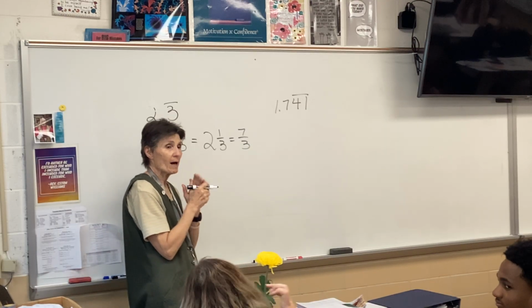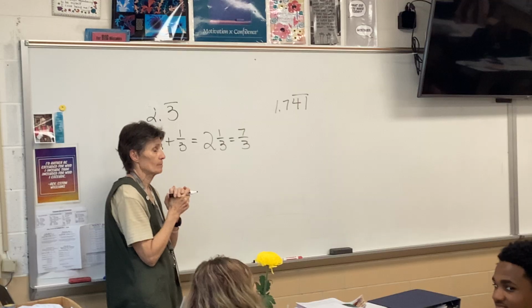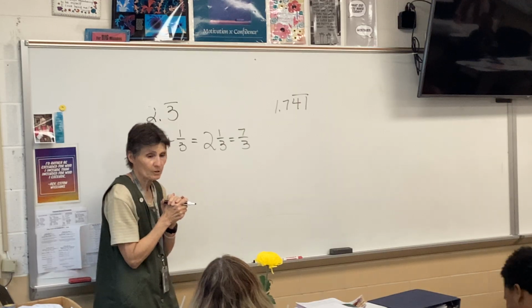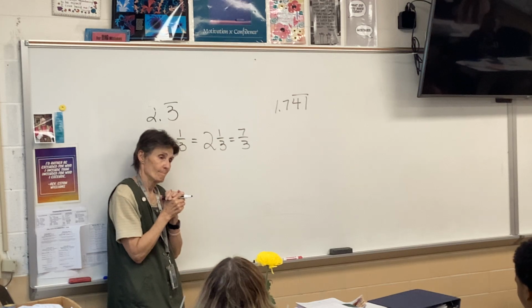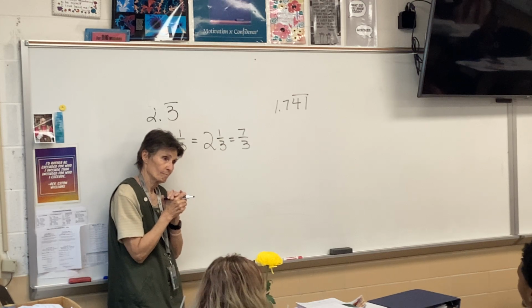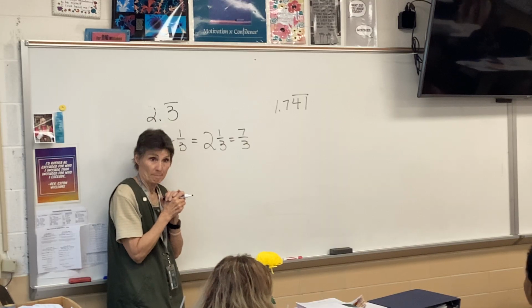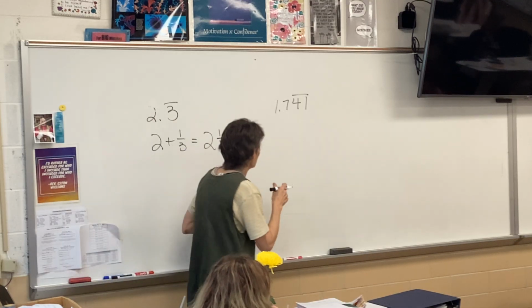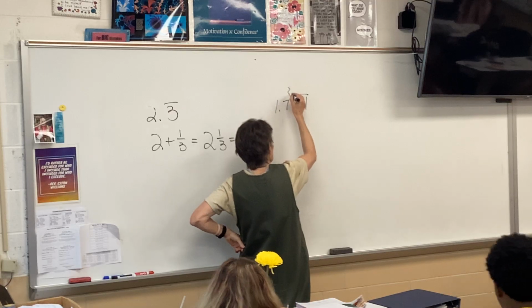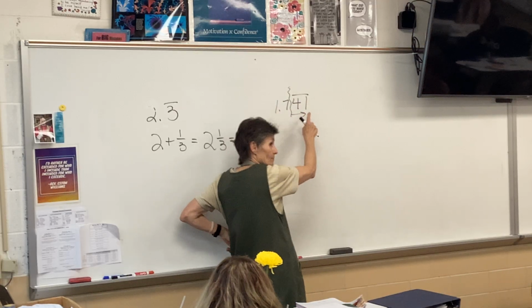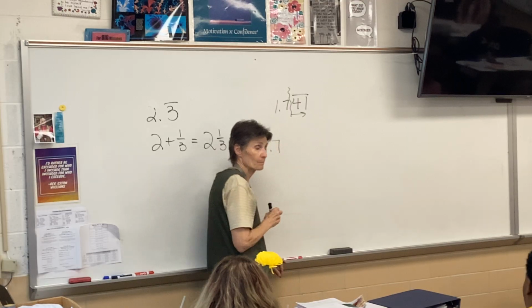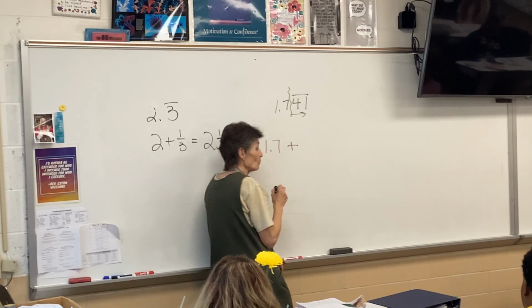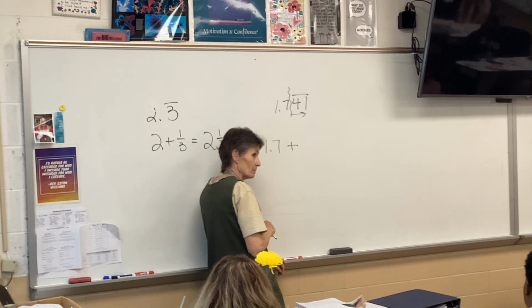So think about what we've been discussing, and what do you think we have to do first? We'll need to break it up, because the repeating part is right here. So we've got 1.7, and then we have all the repeating part.